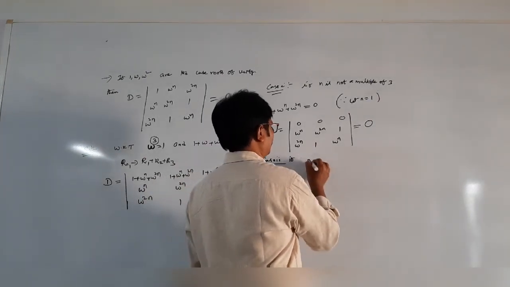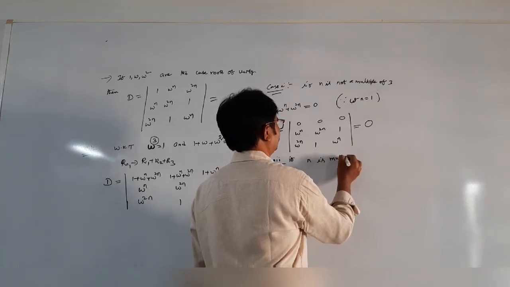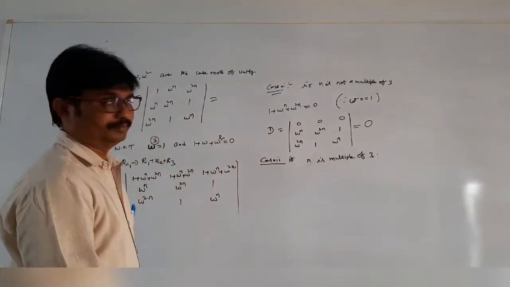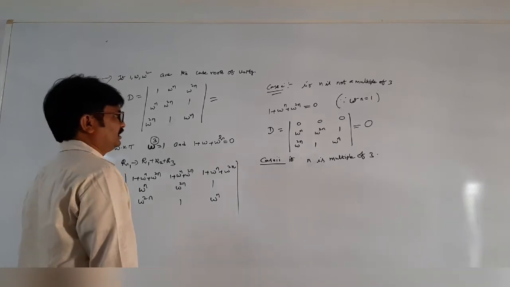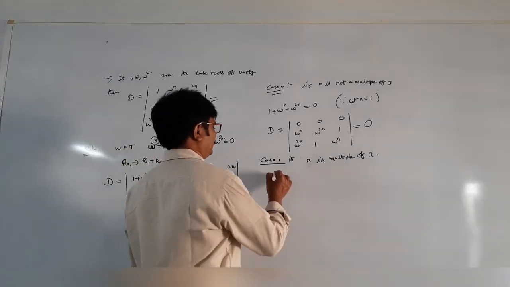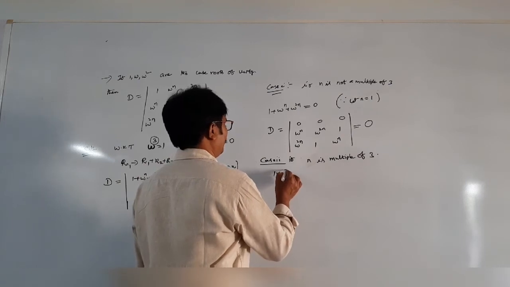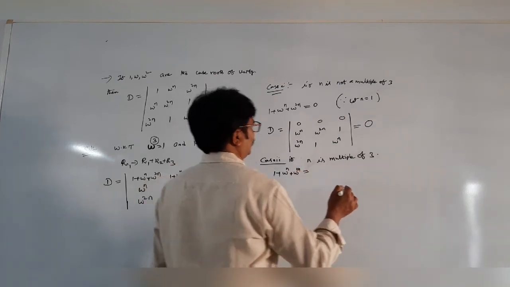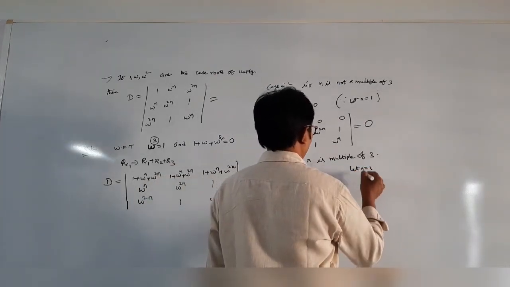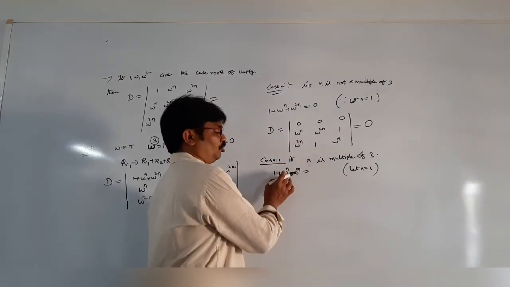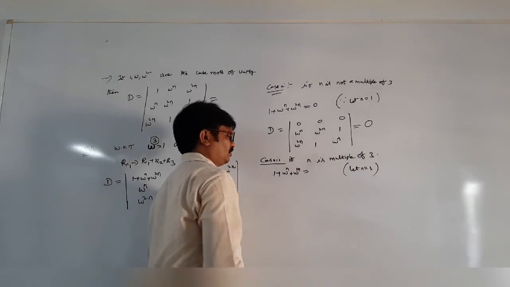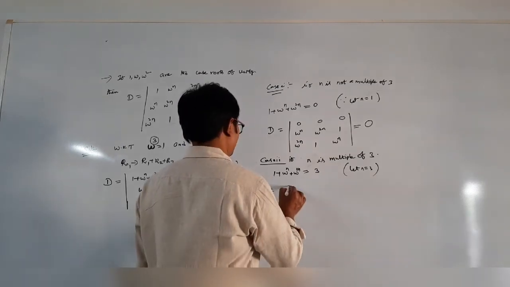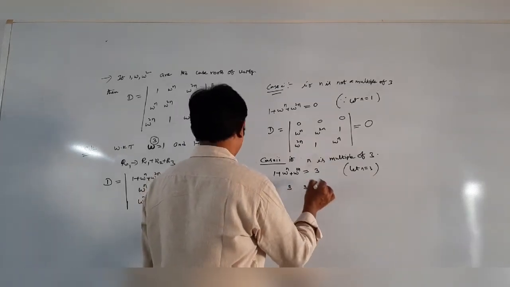When n is a multiple of 3, undoubtedly 1 plus omega power n plus omega power 2n is, suppose n equals 3, omega cube is 1. Here omega cube whole square, that is 1, so the sum will be 3. Dear students, each element of the first row is 3, 3, 3.